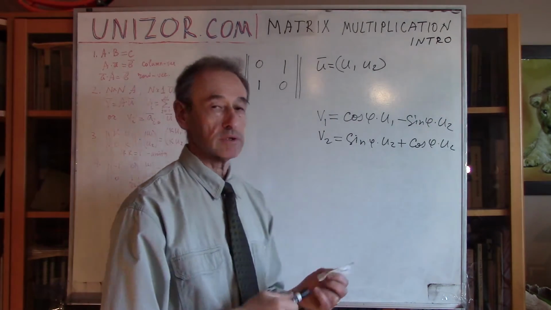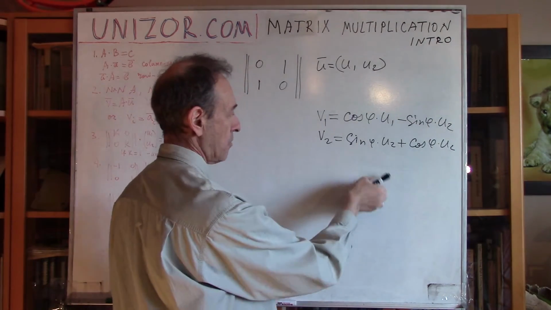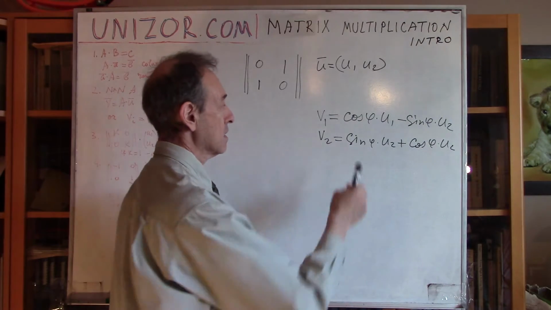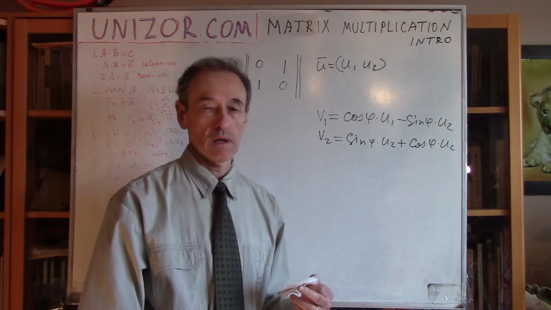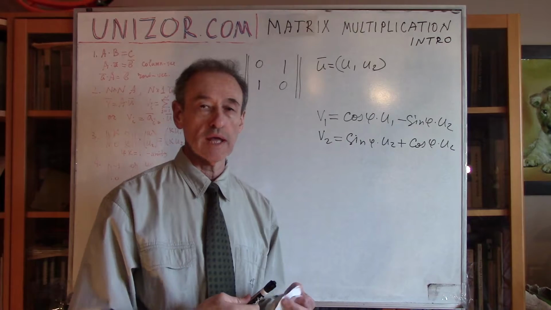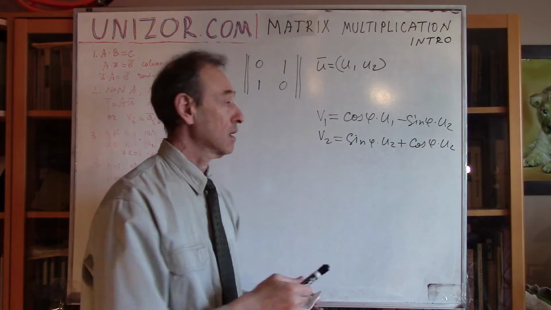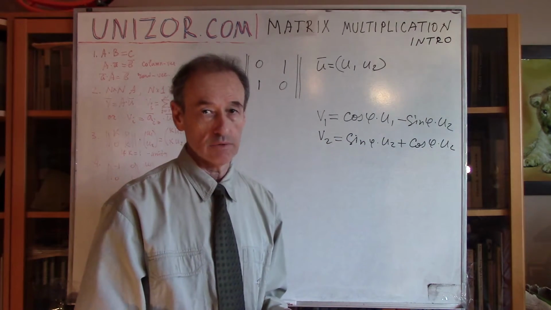When I was talking about a rotation of the vector by the angle phi, these are the equations which relate new coordinates with old coordinates, where phi obviously is the angle of rotation.